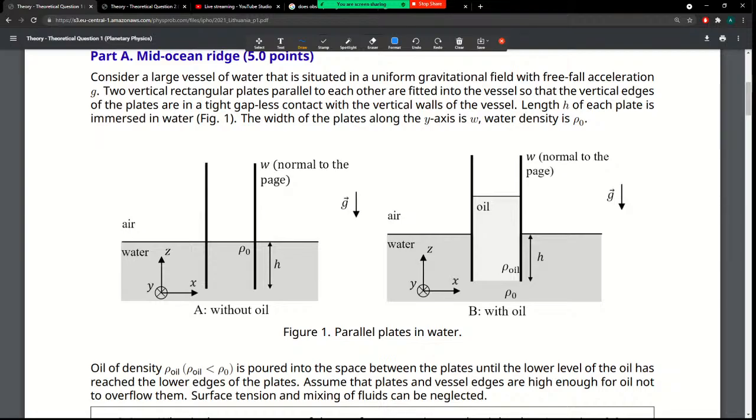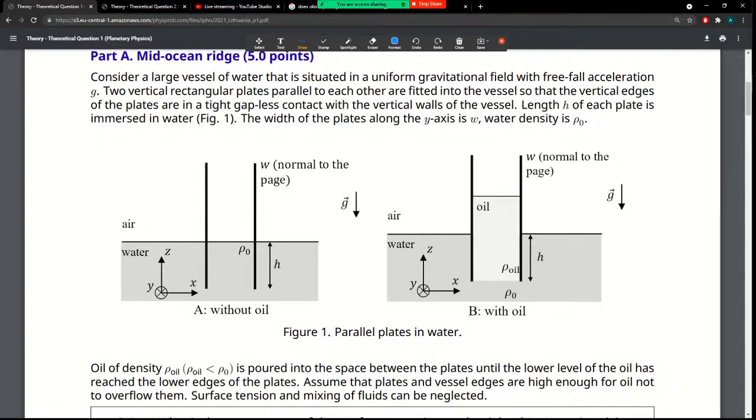Consider a large vessel of water that is situated in a uniform gravitational field with free-fall acceleration g. Two vertical rectangular plates parallel to each other are fitted into the vessel so that the vertical edges of the plates are in a tight gap-less contact with the vertical walls of the vessel, and the length h of each plate is immersed in the water, and the width of the plates along the y-axis is w, and the water density is rho 0.